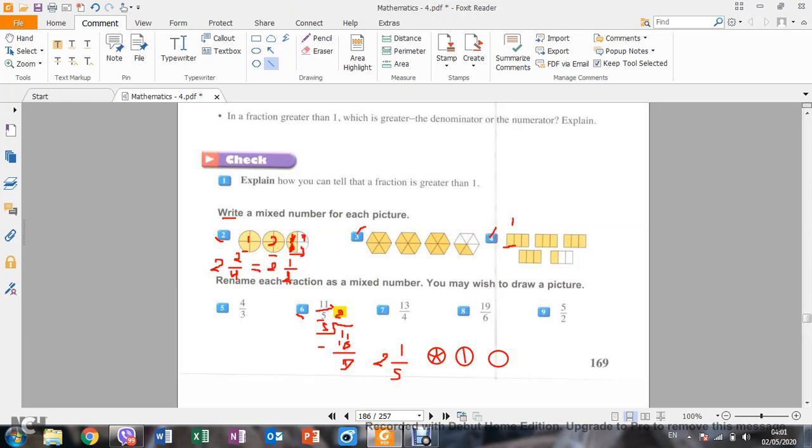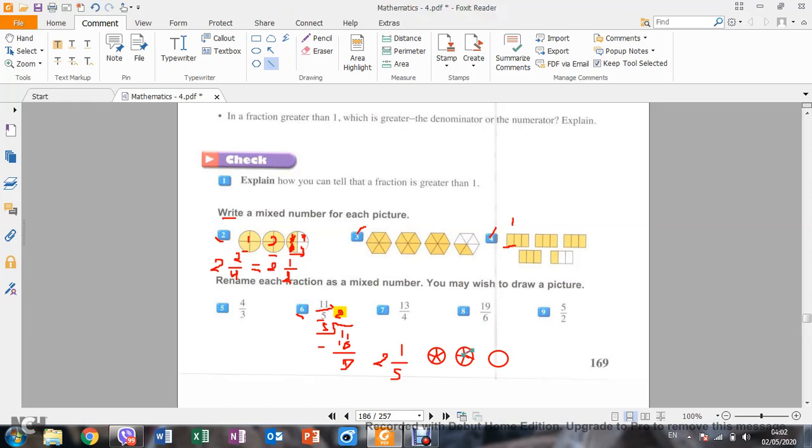I divide it into 5 equal parts again: 1, 2, 3, 4, and the last one is 5.